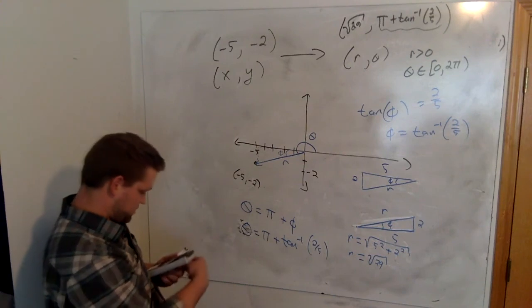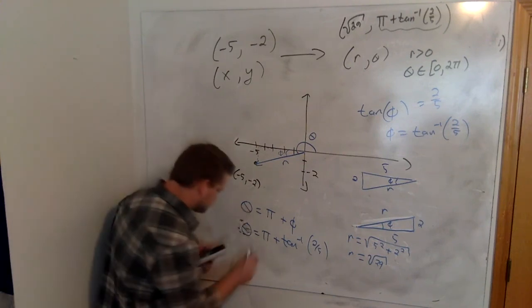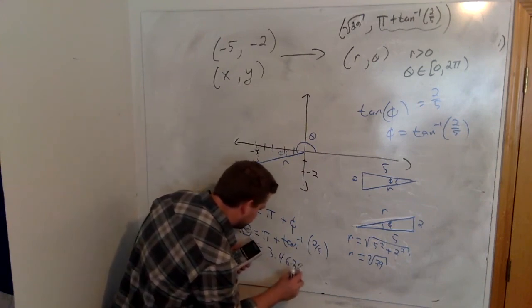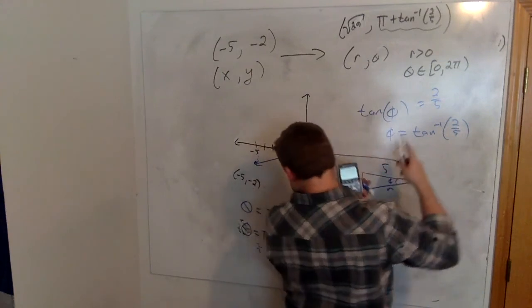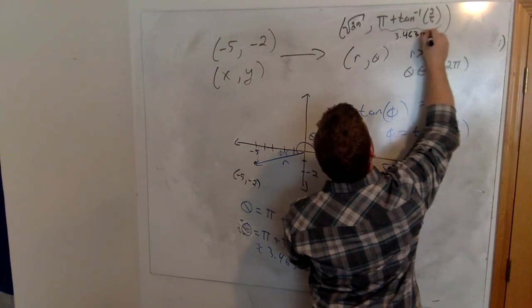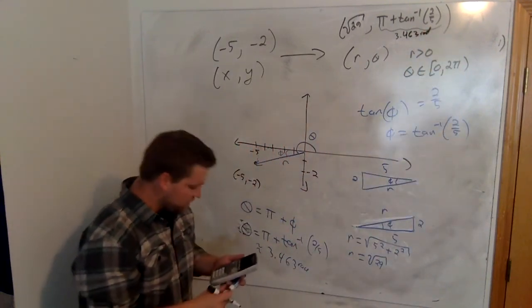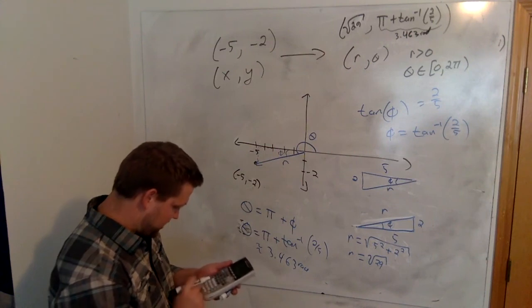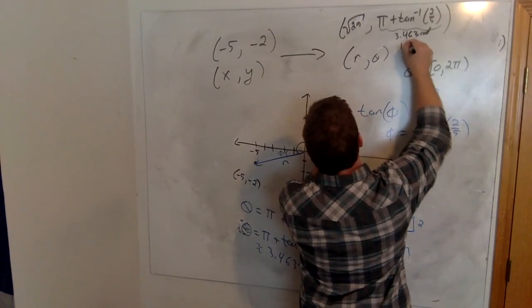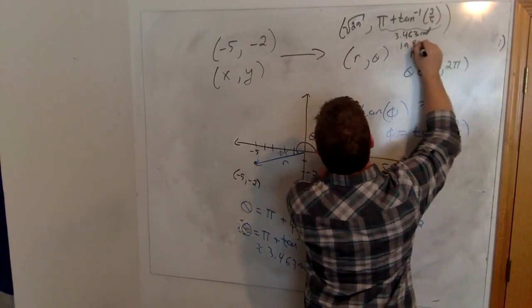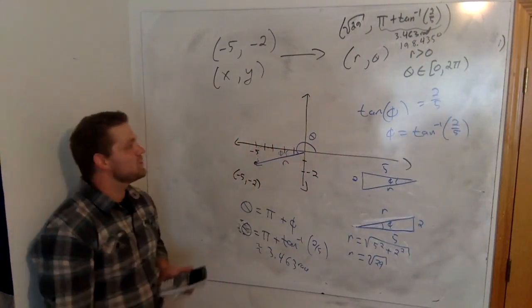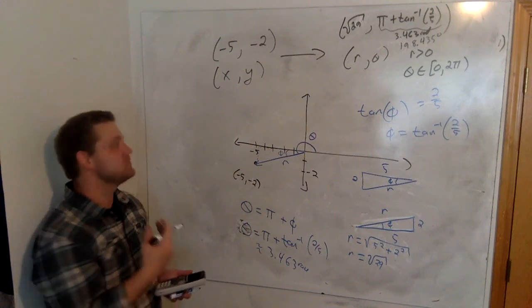I'm getting roughly 3.463 radians. If you want to convert that into degrees, we could multiply by 180 and then divide by pi. So that's roughly 198.435 degrees. Okay. So that's how we convert from rectangular coordinates to polar coordinates.